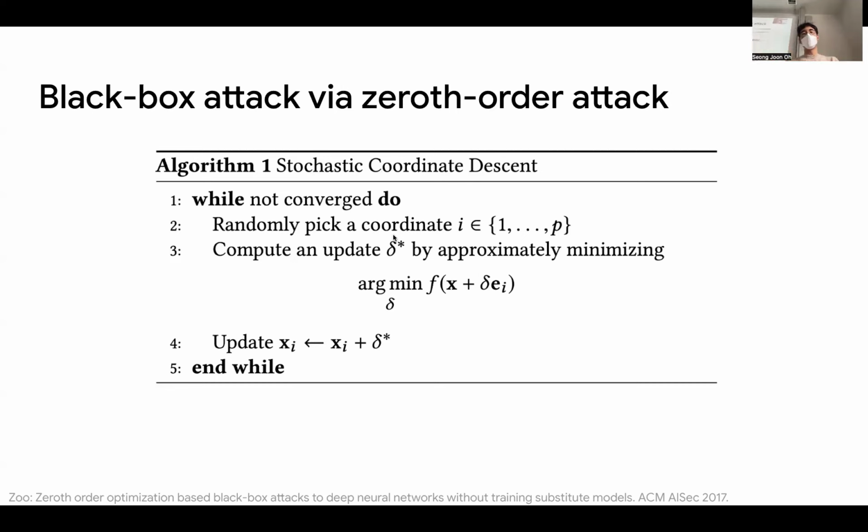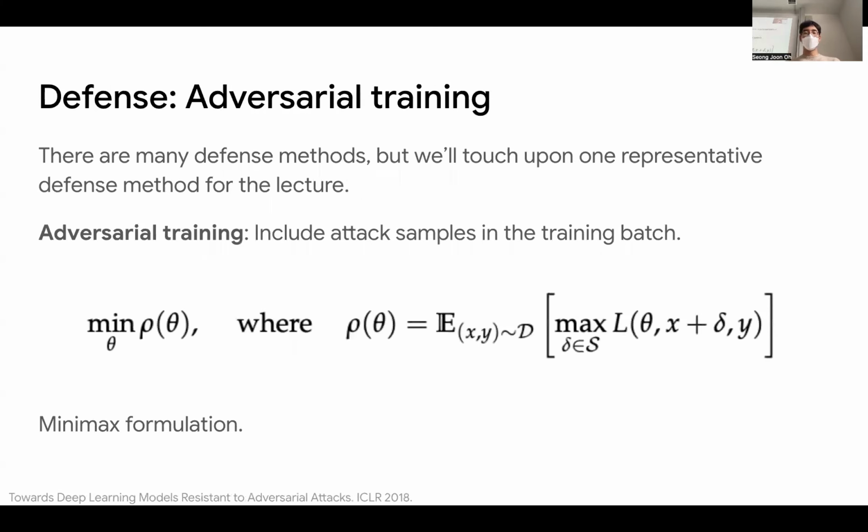So if there is a smart way to pick the coordinate here, then you can dig into that coordinate by doing a few API calls to this black box and finding out what is the right perturbation for that pixel. Okay. Yeah, that is one interesting direction for black box attacks.